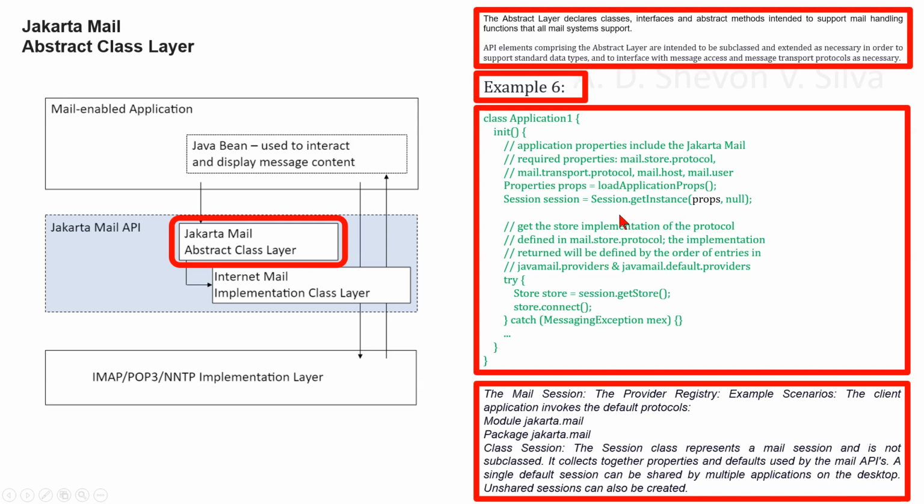The Properties object that initiates the session contains the default values and other configuration information. It is expected that clients using the API set the values for the listed properties, especially mail.host, mail.user, and mail.from, since the defaults are unlikely to work in all cases.